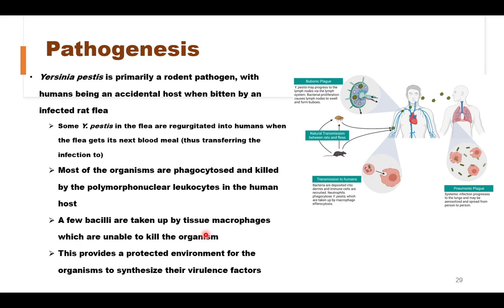But they go a step further. With Brucella, it's just that you have prevention of phagosome and fusion with lysosomes, and that's it. But with the Yersinia pestis organism, within the macrophages, they start to elaborate virulence factors, such as lipopolysaccharide capsules, things that will further enhance their ability to evade the immune response.